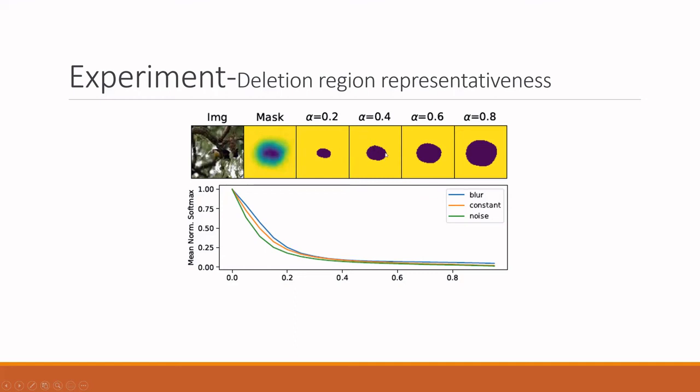This annulus region was deleted, which leads to a very small decrease from 0.2 to 0.4. So their proposed method is highly efficient, containing the major information.